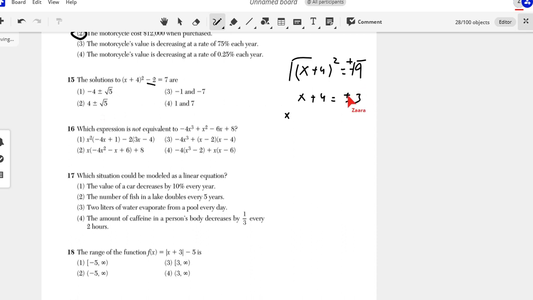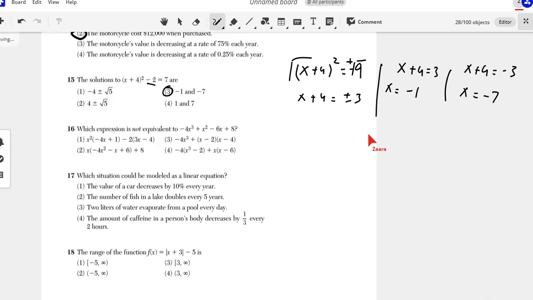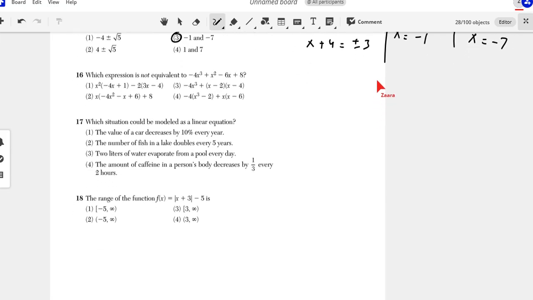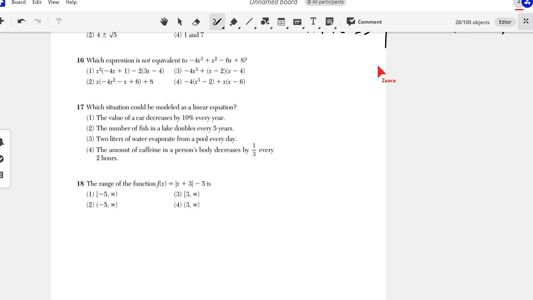So you will get x plus 4 equals 3 and x plus 4 equals negative 3. Subtract 4 from both sides, you will get 3 minus 4, which is negative 1, and x equals negative 3 minus 4, which gives you negative 7. So option 3 is the correct one. Is there any confusion? It was 3.